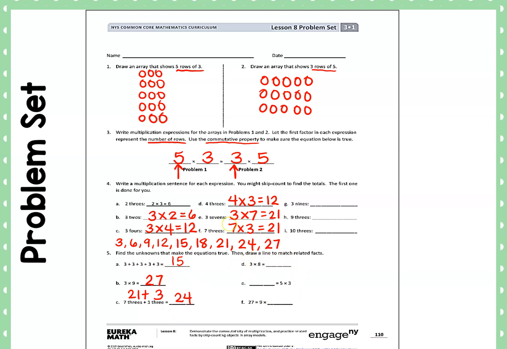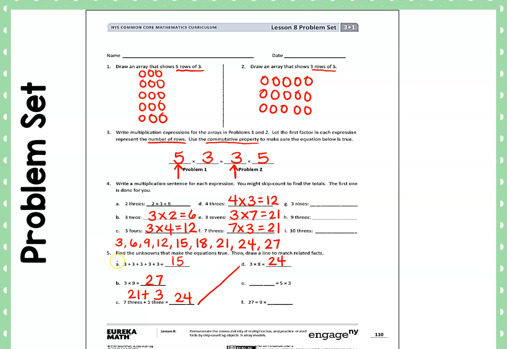Well, I know for D that 3 times 8, or 8 3s, equals 24, which is what we just did down here. So C and D would match.